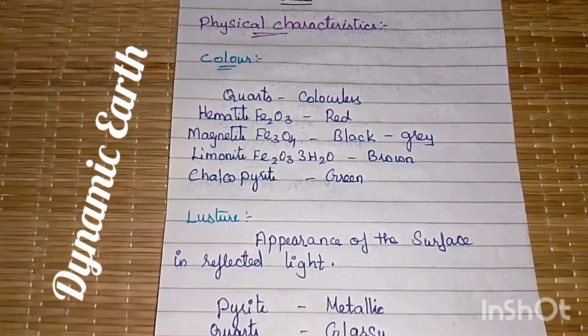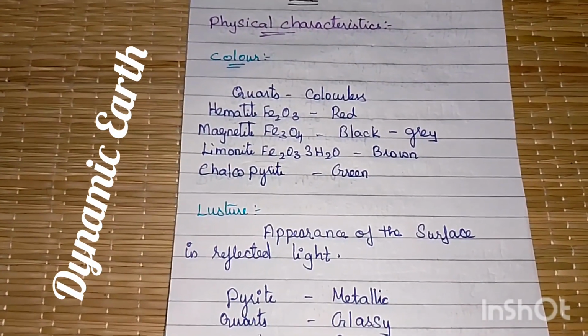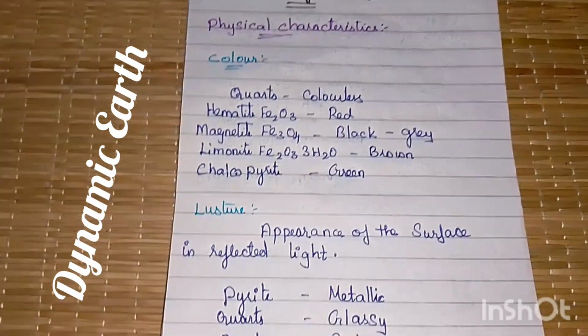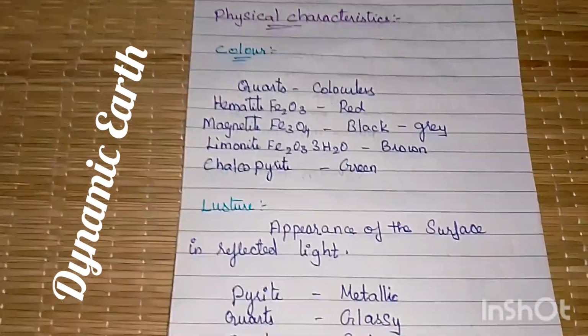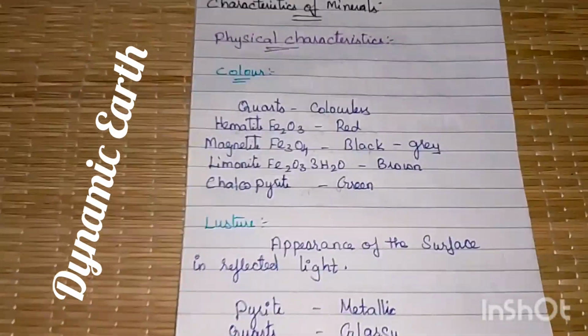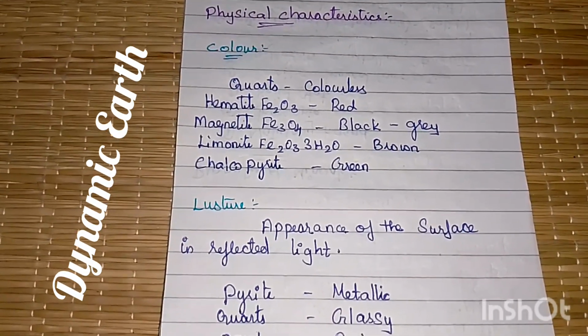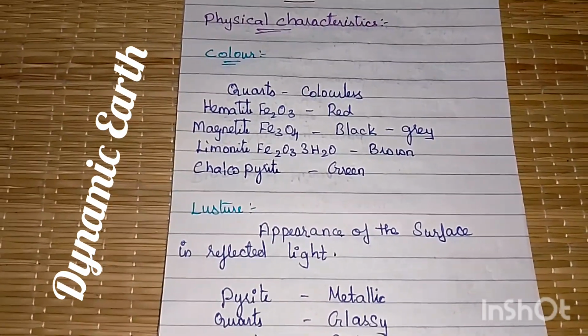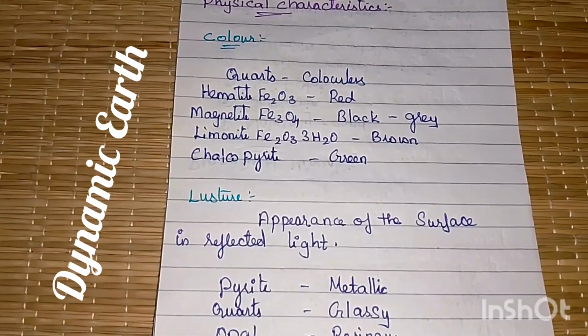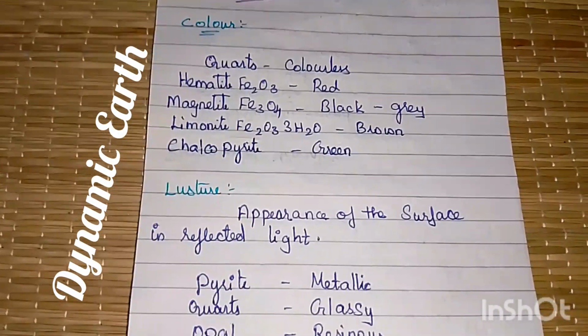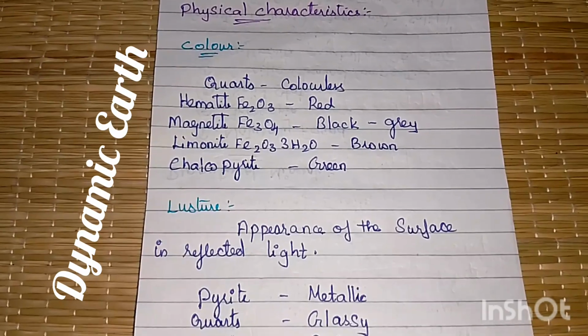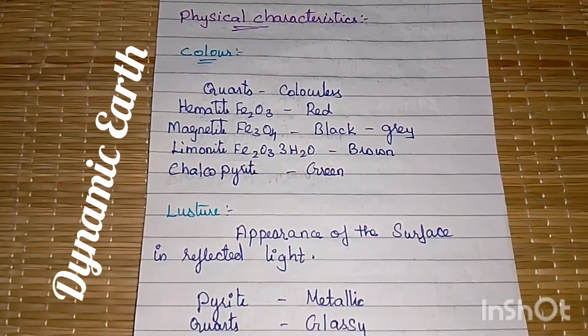We can say quartz is colorless. If you see any colorless crystalline rock, you can directly say it is quartz, and if it has some color in between those colorless minerals, it is termed an impurity. And then hematite, we can say that is also an ore of iron.